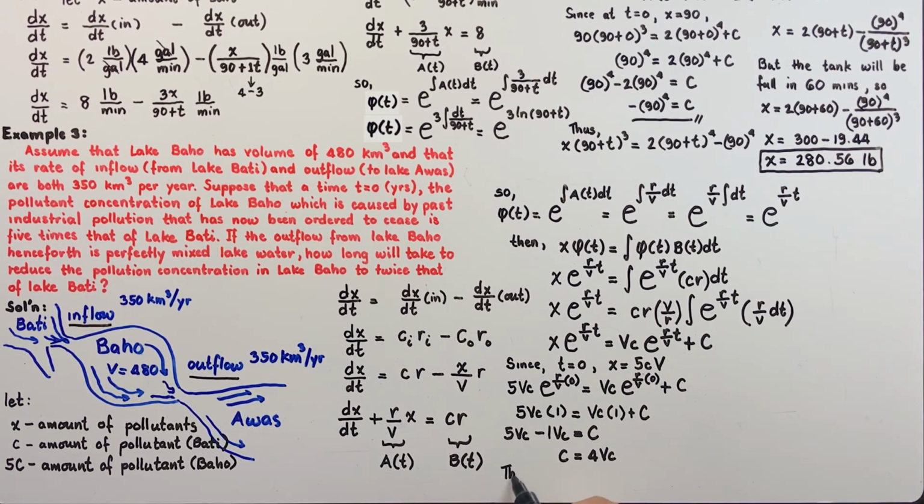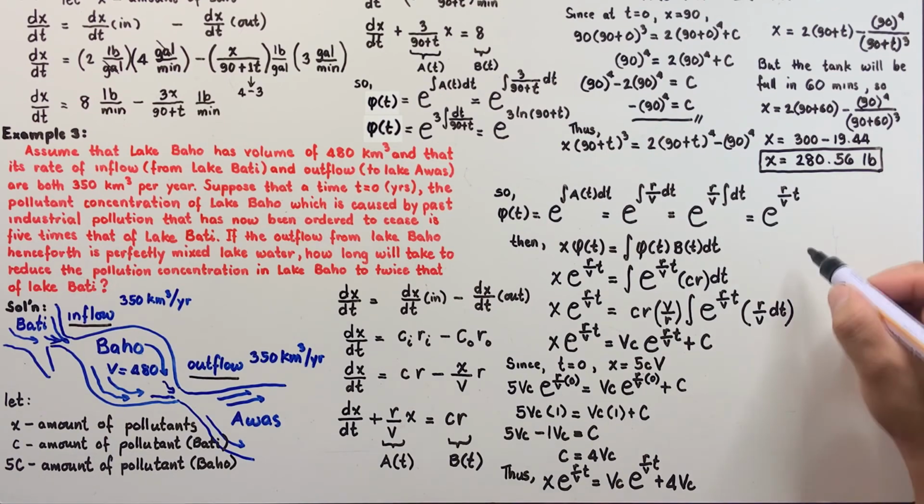Thus, our equation becomes x times e to the power r over v t, which is equal to vc times e to the power r over v t plus 4vc. And solving for x, we can divide both sides of the equation by this e to the power r over v t.